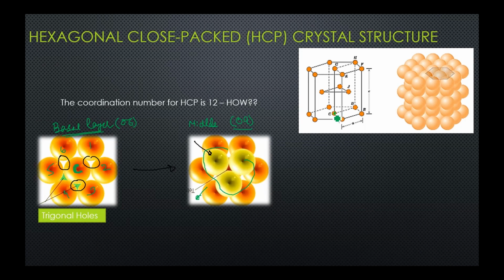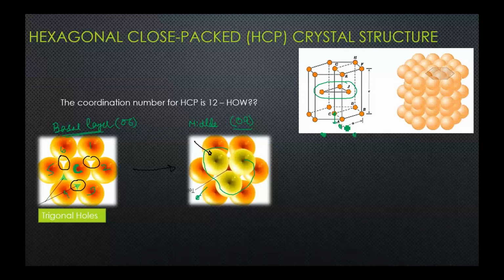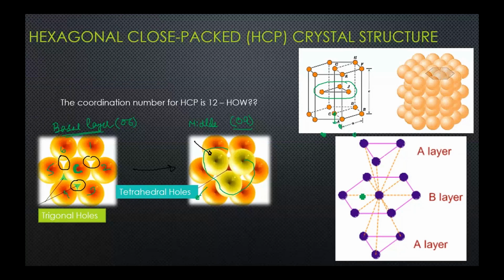So this is the basal layer, this is the middle layer on top of it, then there would be another layer of atoms beneath this basal layer, just like it is shown over here. So you would have 3 atoms on top and 3 atoms beneath this basal layer, making altogether how many atoms in contact with the central atom? 12.